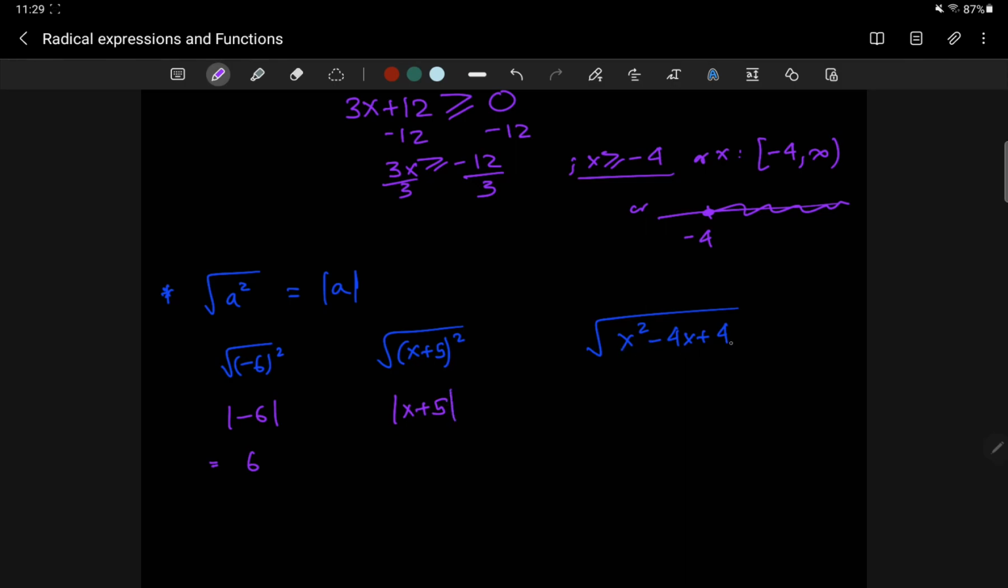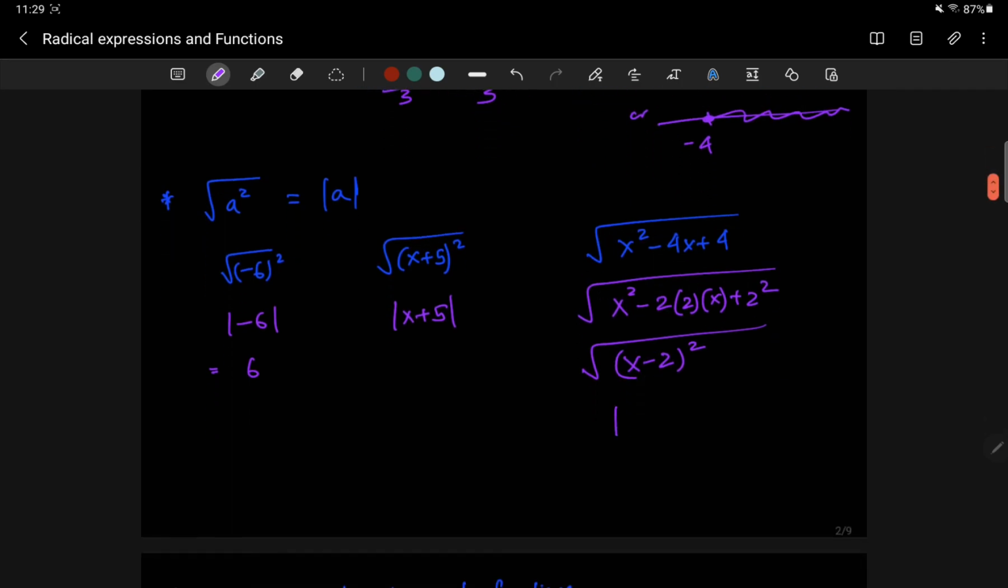Square root of x squared minus 4x plus 4, this here is actually x squared minus 2 times x plus 2 squared, which we learned from perfect square factoring, that is actually x minus 2 whole squared, which comes out to be absolute value of x minus 2.